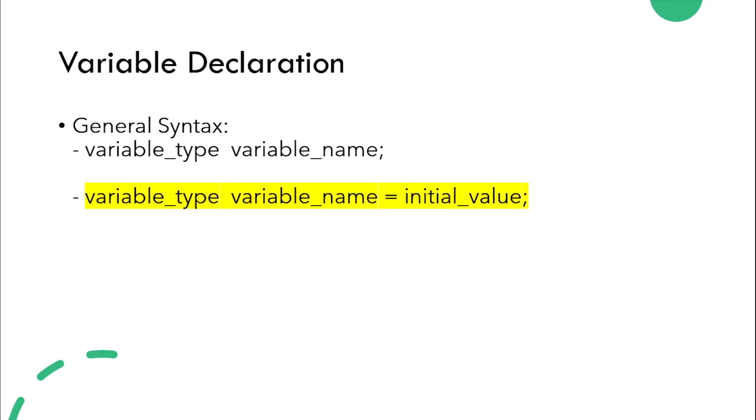Or we can initialize the variable with an initial value. For that, we write the variable type and the variable name, and then we set it equal to an initial value using the assignment operator, which is the equal sign in this case, and we end this statement also with a semicolon.